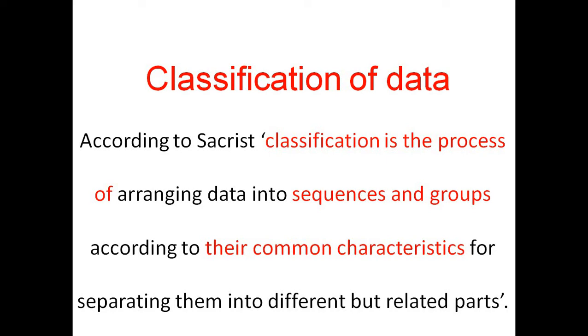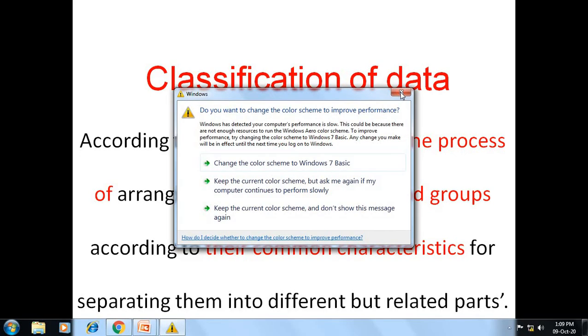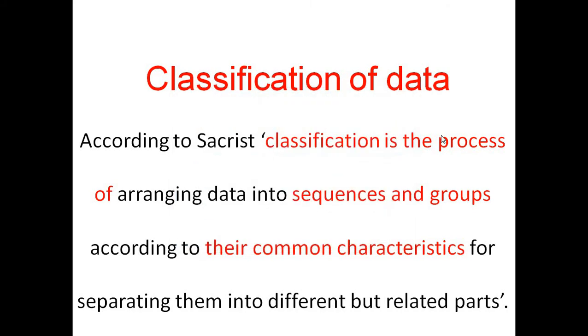For example, suppose I ask you to go into a garden or nursery where there are many plants, and you have to group those plants. Definitely, with your knowledge, you will first make groups: herb, shrub, tree, climber, isn't it? So you have grouped the data according to common characteristics.